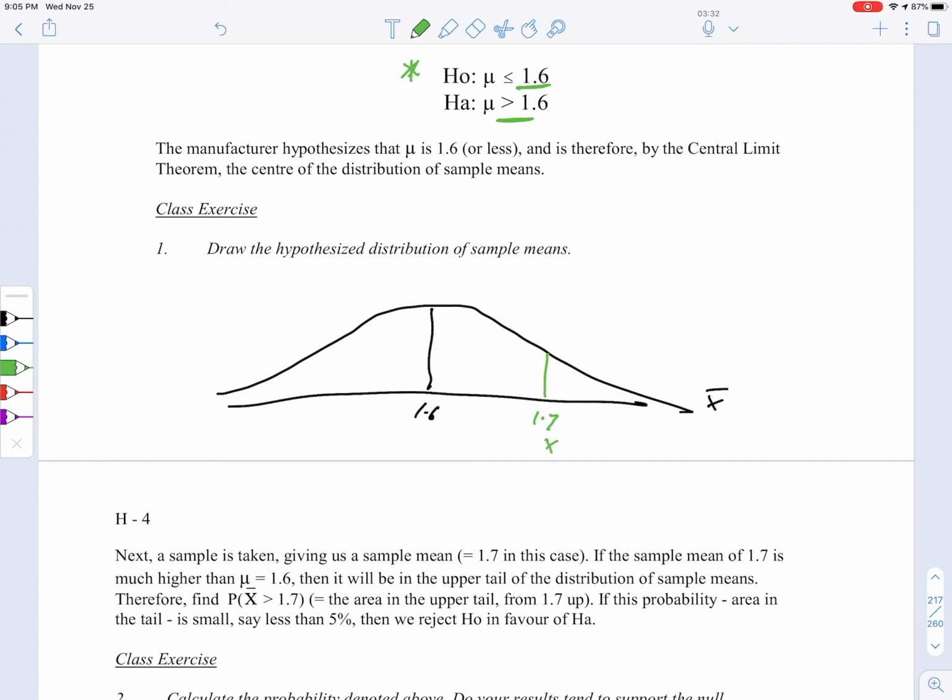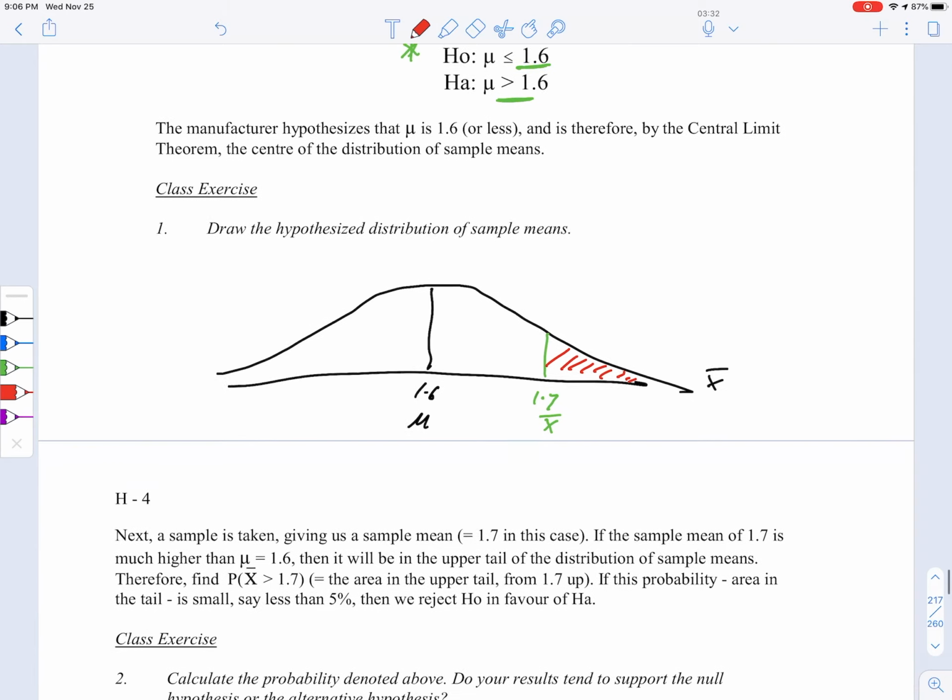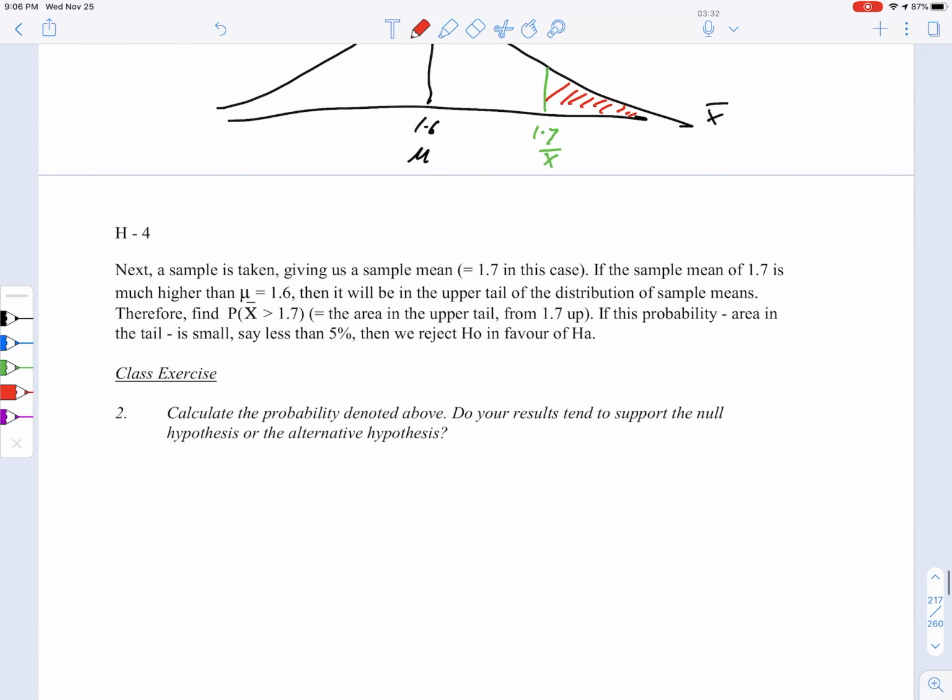And then we get a hypothesized value, an x bar value of 1.7, and the question is, is that significantly different? The way that we do that is we measure this area here. If that area is small, then that means the 1.7 is way in the upper tail here, and so we would reject the null hypothesis, say there is enough evidence to reject the null hypothesis in favor of the alternative.